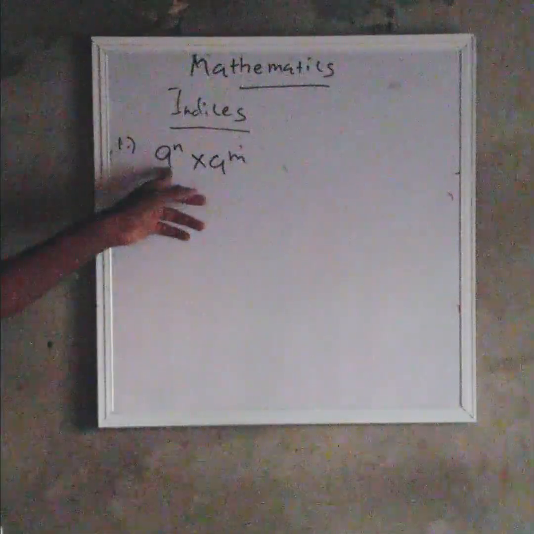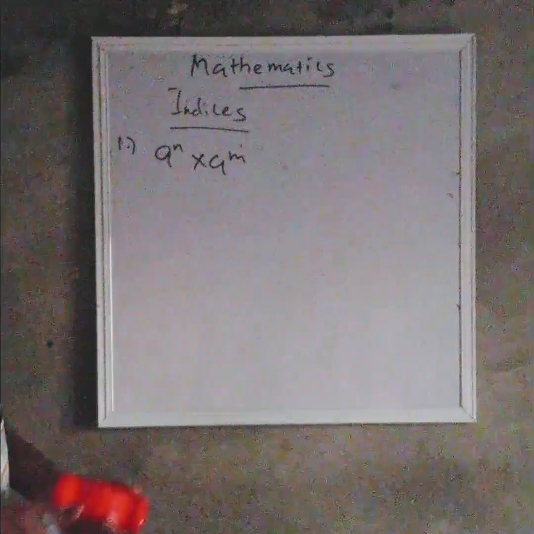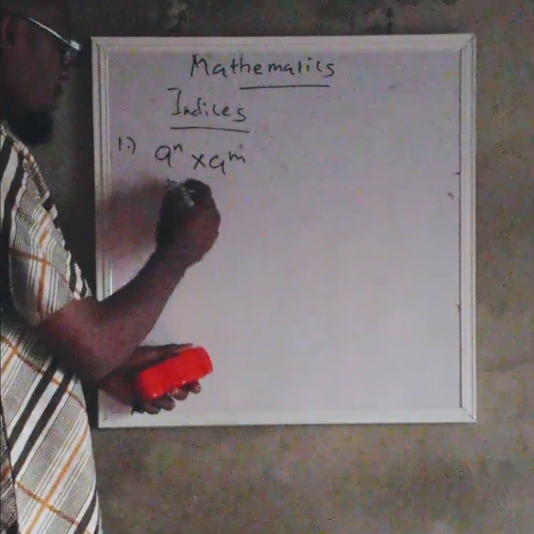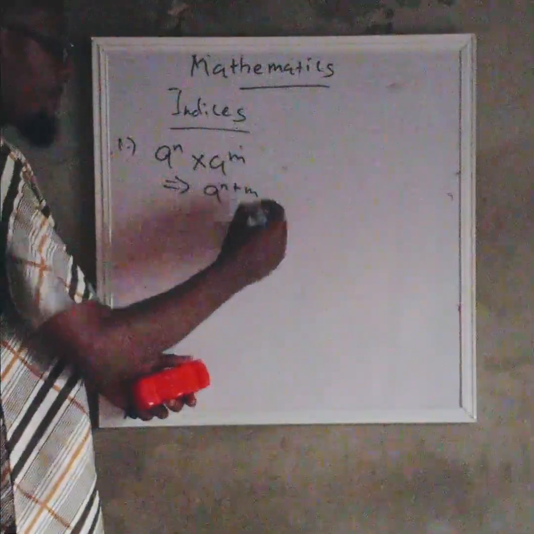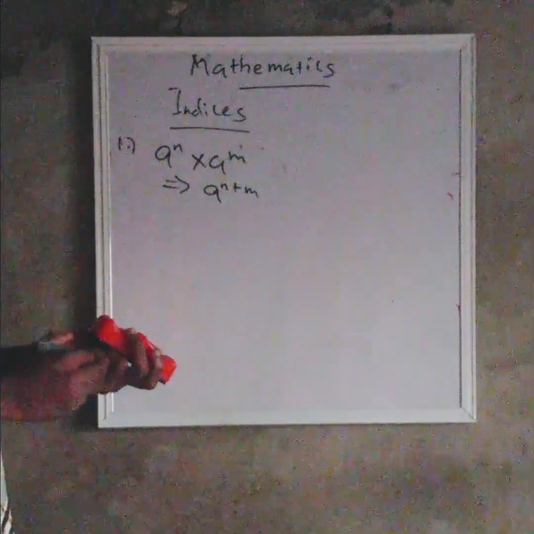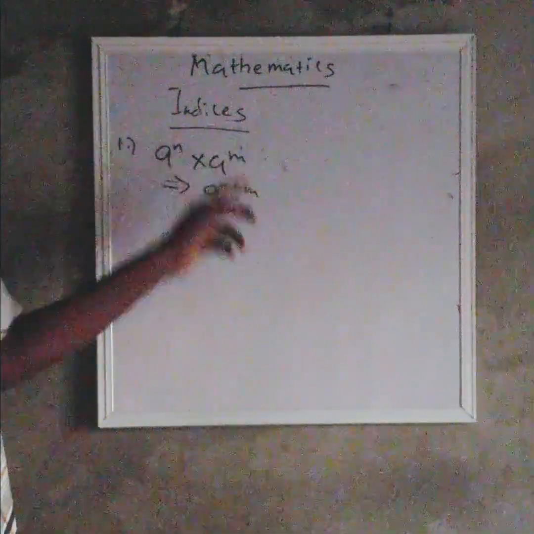First and foremost, the bases here are equal. So we pick one base and we add the powers. Let's say the base is a, the powers are n plus m. Take note that this only occurs because the two bases are linked together by multiplication.